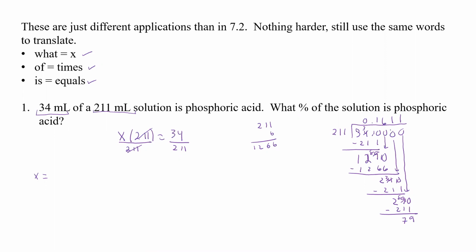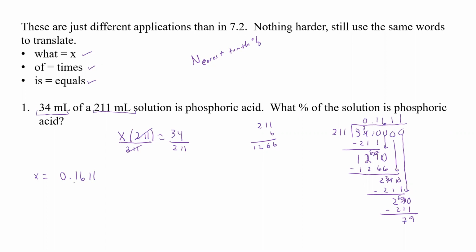And so if we're thinking about what percent, now this one, I should probably note this says to the nearest, I should read these before I start, nearest tenth of a percent. So to the nearest tenth of a percent means we're going to have to go out 4 decimal places, which is what we've done. And so this is 0.1611.